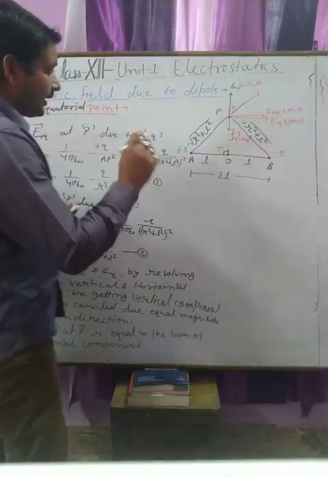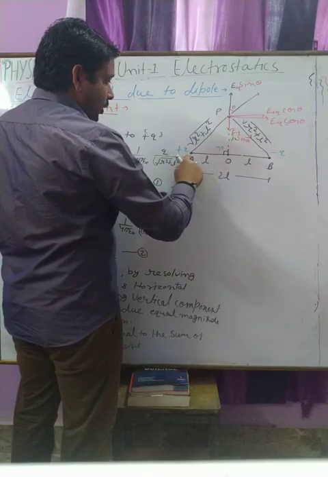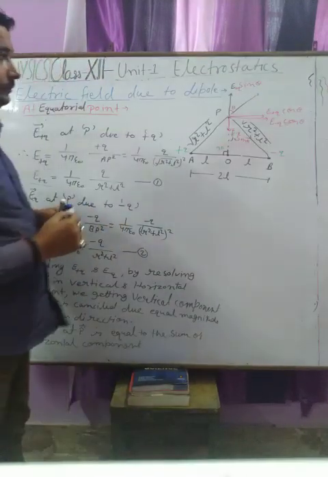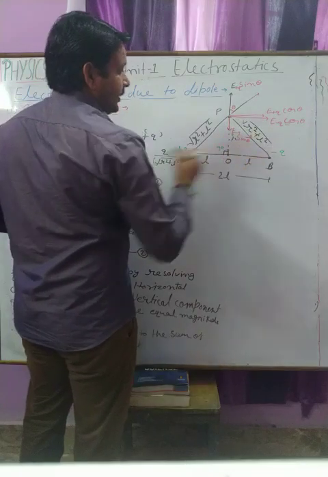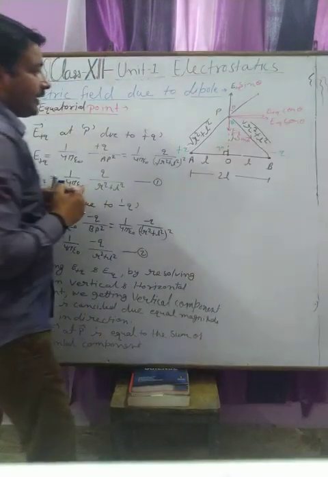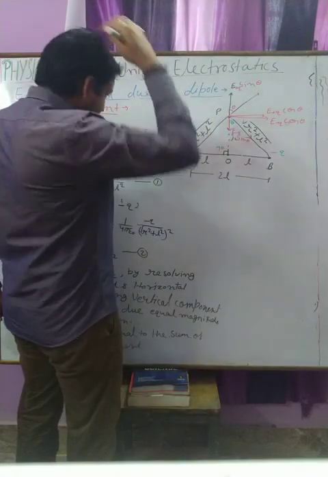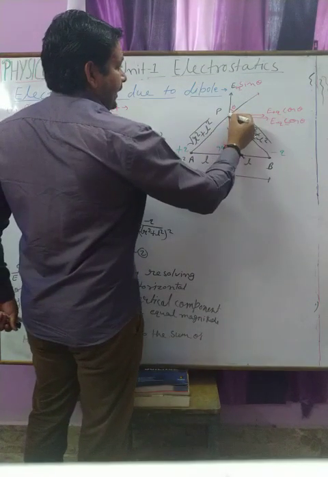So we are getting here the electric field due to the positive charge in this direction, and due to the negative charge in the opposite direction. So for the angle theta, we are resolving the electric field into vertical and horizontal components.